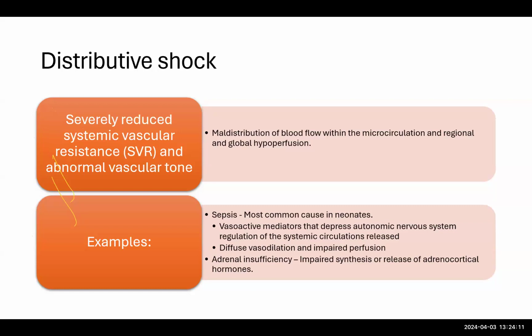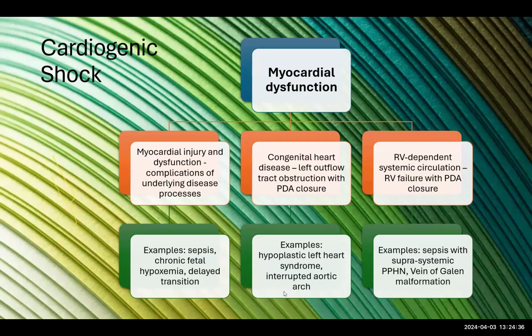And to further complicate things, not infrequently these babies may have relative adrenal insufficiency because of prematurity, or because of part of the inflammatory cascade. There will be impaired adrenocortical hormone release as well. So this will also affect the vasomotor tone, and this will cause distributive shock.